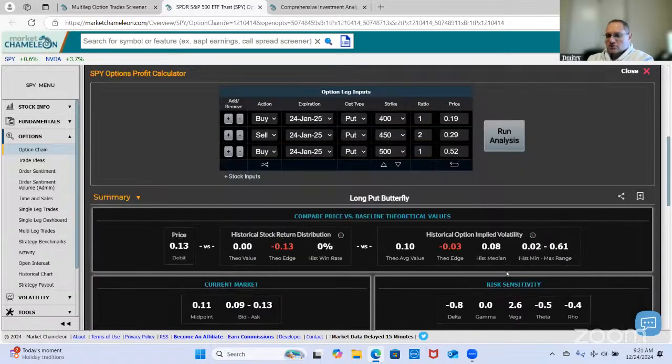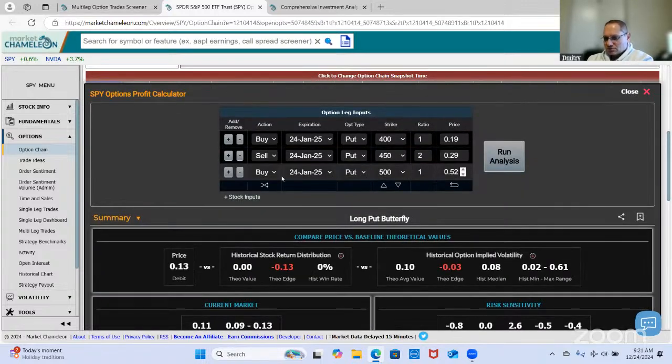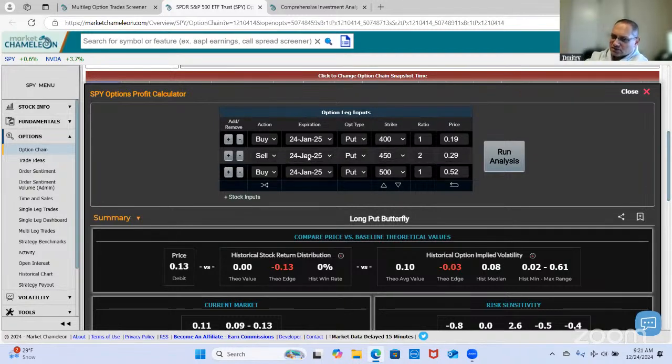We are long the 500 put, right? Jan 500 put. So obviously, if you're long the 500 put, you want the stock to go down. But below that 500 strike, you're short two of the 450 puts. So you don't want the stock to go below your short strike, but ideally, if it closes right at that strike, well, then these will be worthless and you collect all that premium.